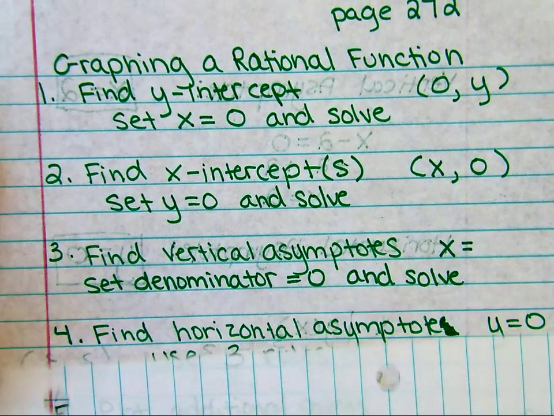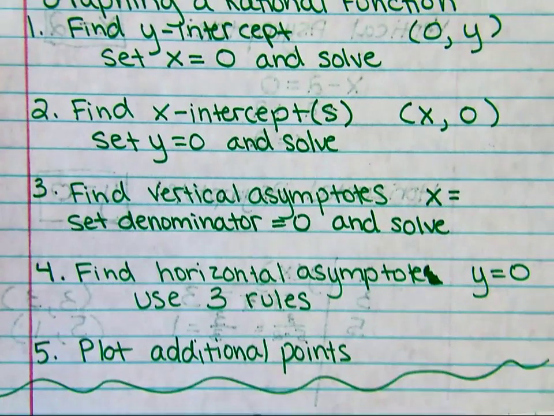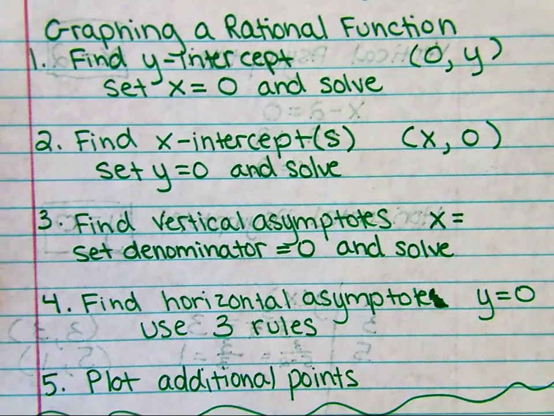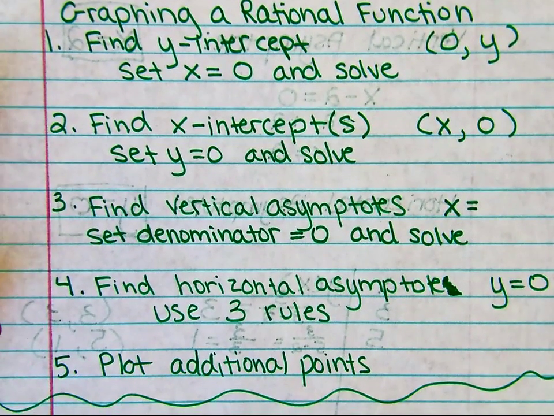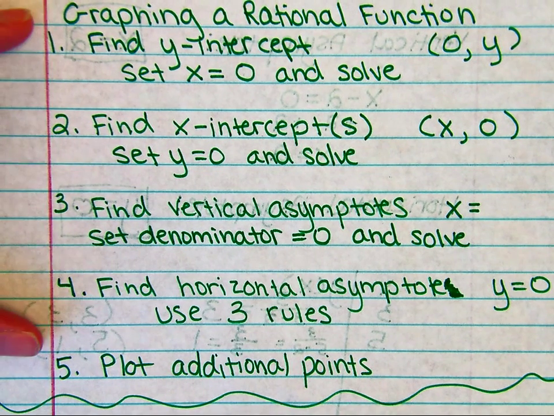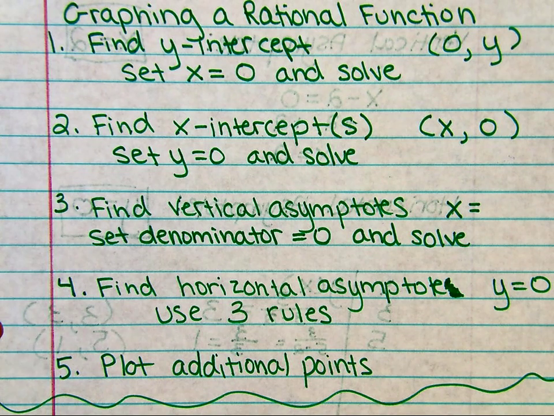So you might want these out as you're going through the note sheet with me, because if it says find a y-intercept and you don't remember how to do that, then you're going to reference back to these steps here. Okay? So what's going to happen is I think I might pick 1 or 2 problems off of this paper. There are 6 of them, and we will see how we're doing after 1 or 2 problems. Okay?